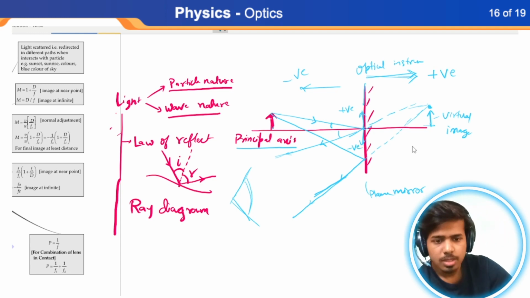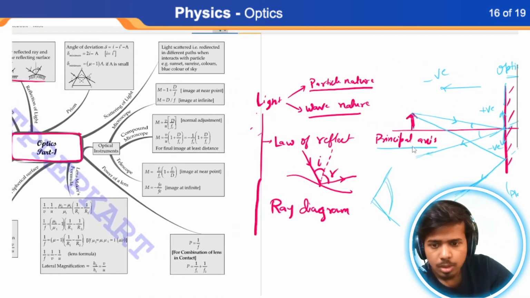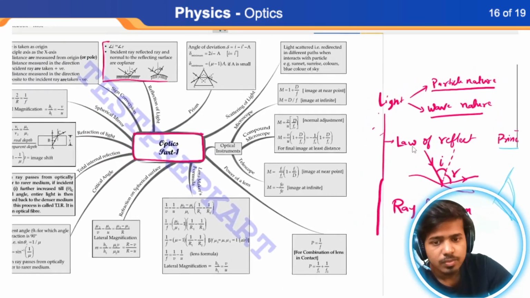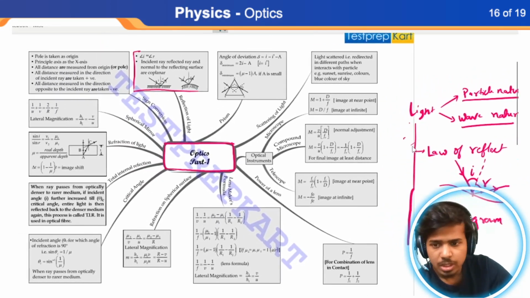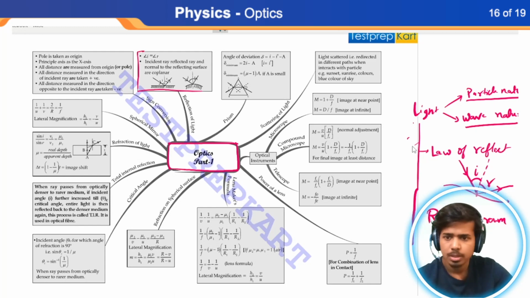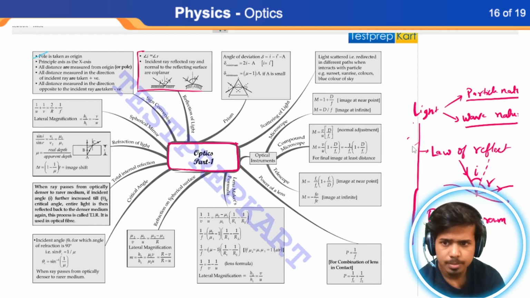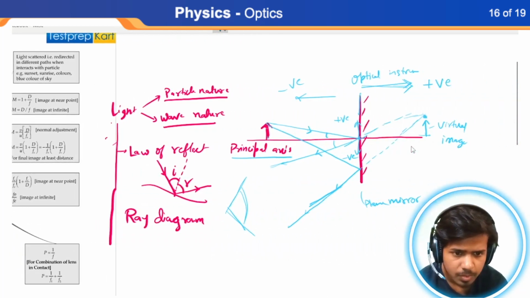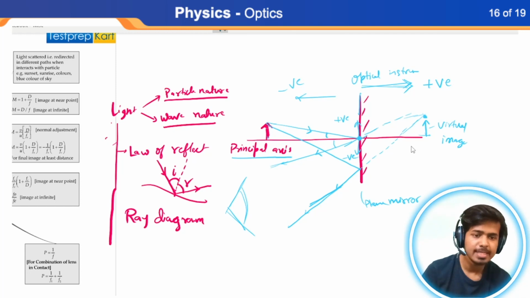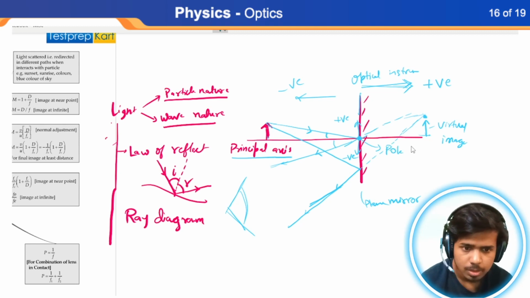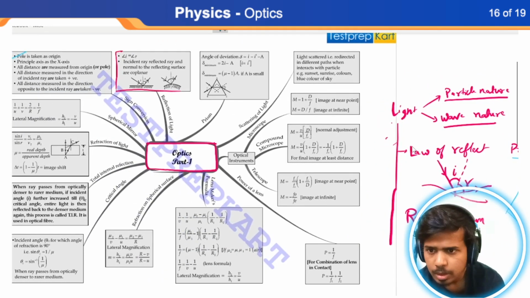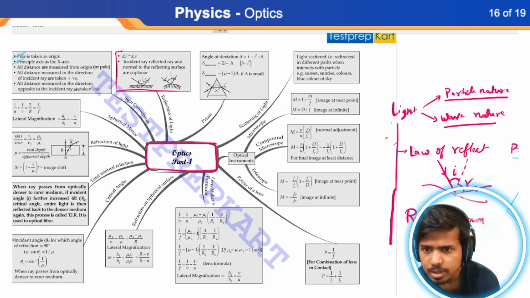All right, so this is the sign convention we will follow, although it doesn't matter, it is easier when everyone follows the same sign convention so that there is no confusion. So the pole is taken as the origin. This is the point, the pole, where the principal axis dissects whatever optical instrument you have. Principal axis we already talked about.